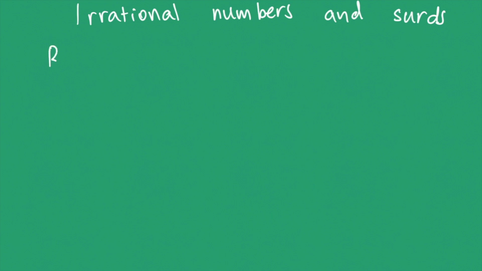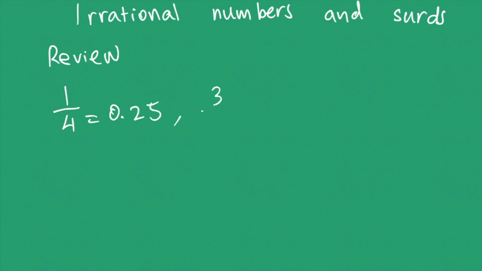First, let's review some facts about fractions and decimals. We know that some fractions can be written as decimals that terminate. For example, 1 over 4 equals 0.25 and 3 over 4 equals 0.75.